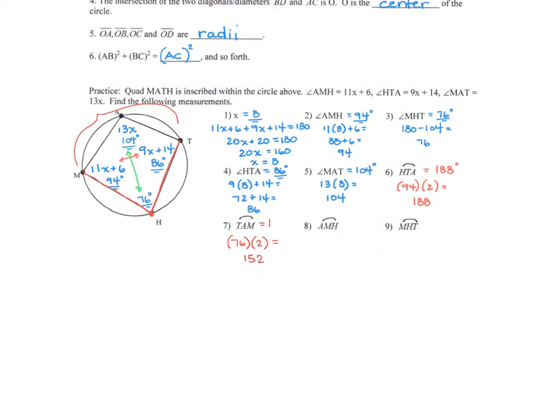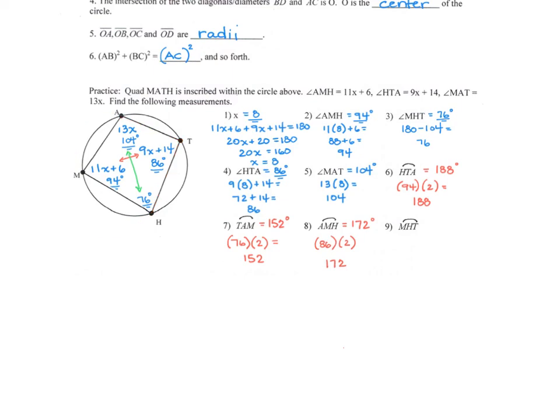So the measure of arc TAM is 152 degrees. And again, arc AMH follows back to angle ATH, whose vertex is on the circle. So 86 times 2 is 172, which makes the measure of arc AMH 172 degrees.